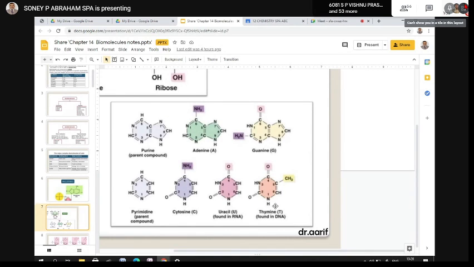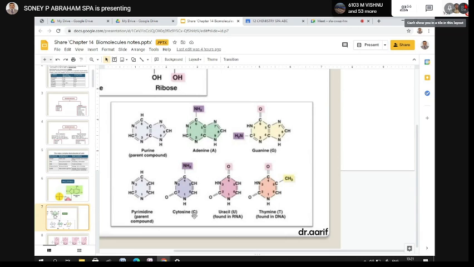Since it is a heterocyclic compound containing nitrogen, we call it a base. So these are the 5 bases present in the nucleic acids. And out of these 5, only 4 will be present in a given type. That means in RNA as well as DNA, only 4 will be present. In DNA you will have adenine, guanine, cytosine, and thymine.